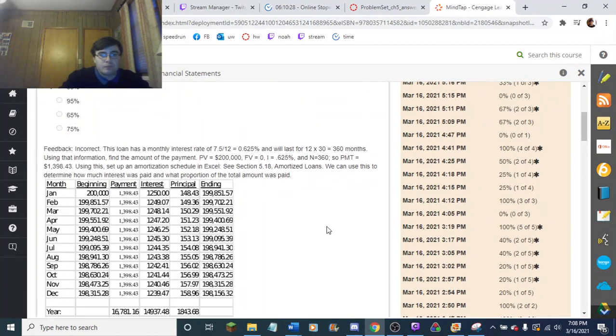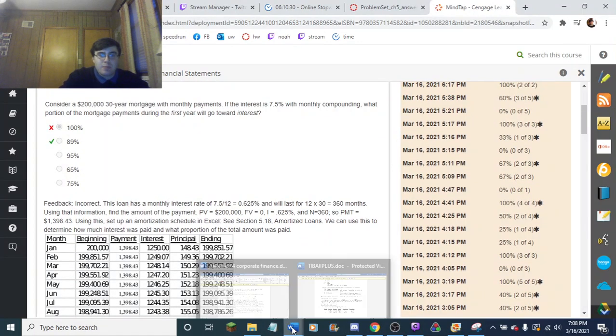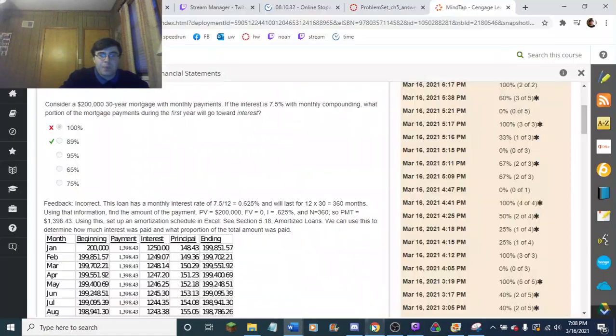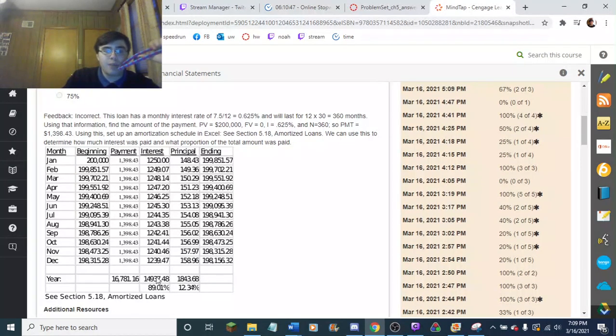Wait, no. They're basically just saying how much money will you have paid in interest during the entire year, add them all up, and you get this much for interest, and then you do this divided by this, right?